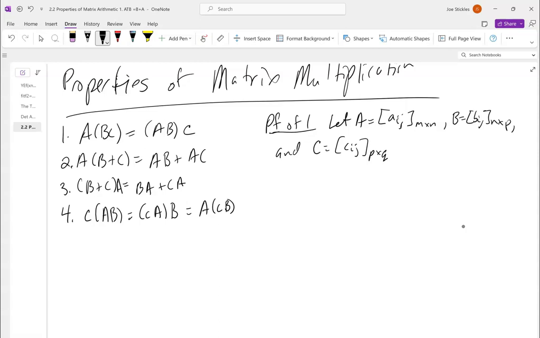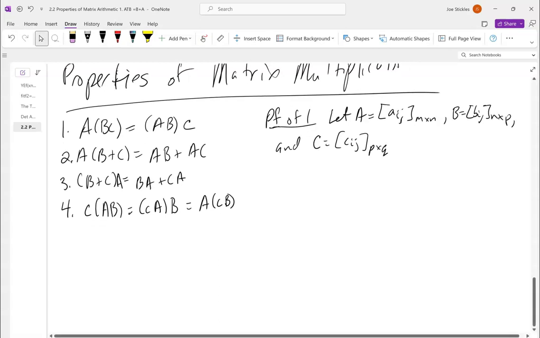What size matrix are you going to end up with when you're done? It'll be m by q when we're done, right? Okay, so now let's work with the left-hand side. If we're going to work with the left-hand side first, which product should you do first?